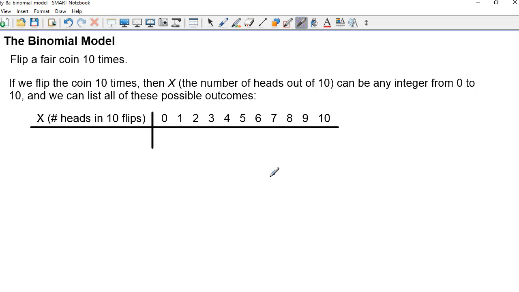Okay, so we'll use our probability model here, right? X, the random variable, represents the number of heads that we get in an experiment where we flip the coin 10 times. And what we've got listed here is a listing of the sample space of all possible values of the random variable. We could have 0 of the 10 be heads, or 1 could be heads, or 2, or 3, all the way up to 8, 9, or 10 could be heads. All 10 could be heads.